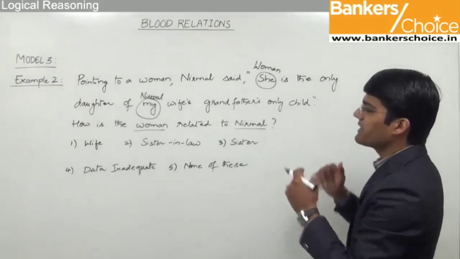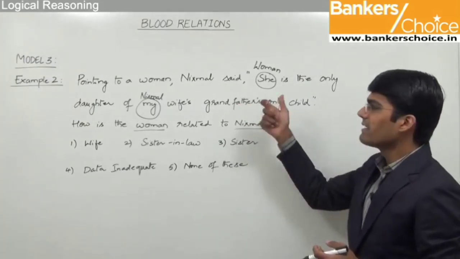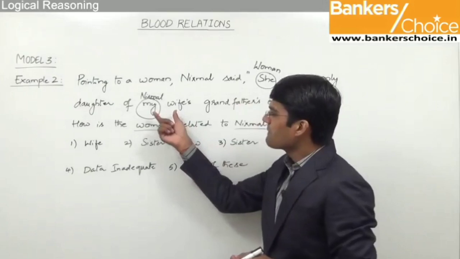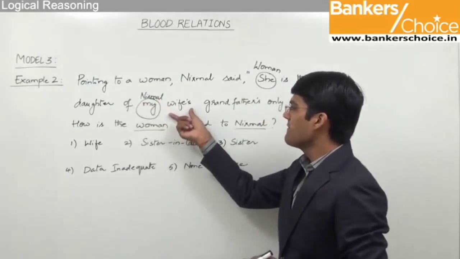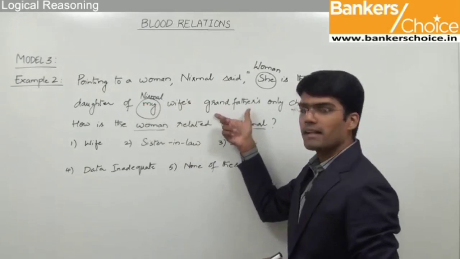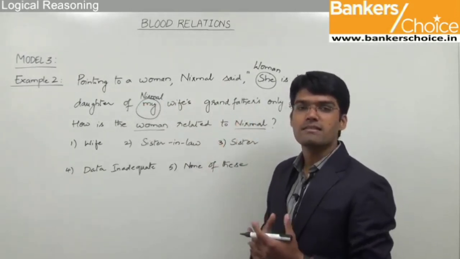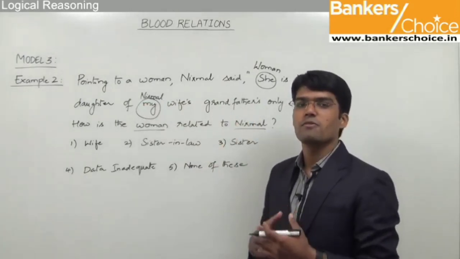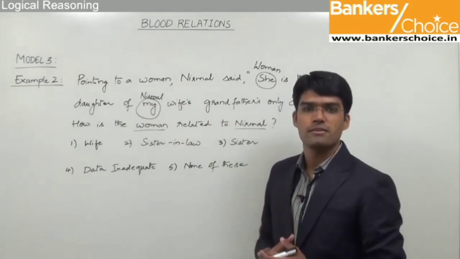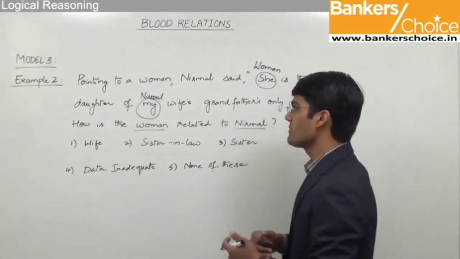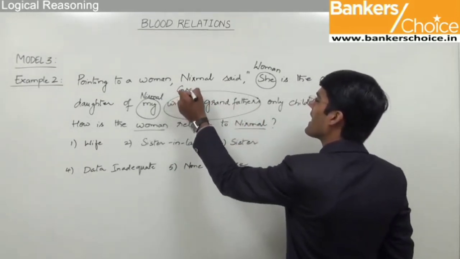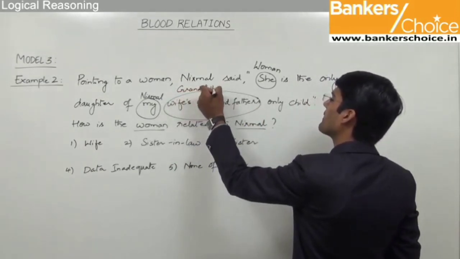Now let us try to cut it short and understand the relationship between the woman and Nirmal. Let us start from this point. Nirmal's wife's grandfather can be taken as Nirmal's grandfather-in-law. It is similar to father-in-law. Wife's father is father-in-law, so wife's grandfather should be treated as grandfather-in-law.